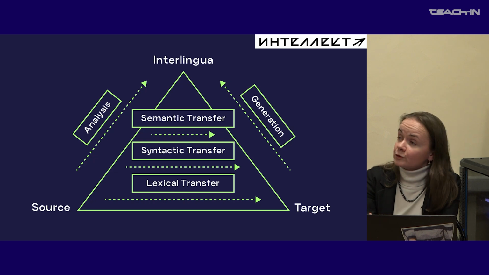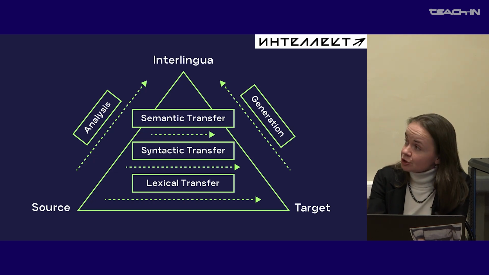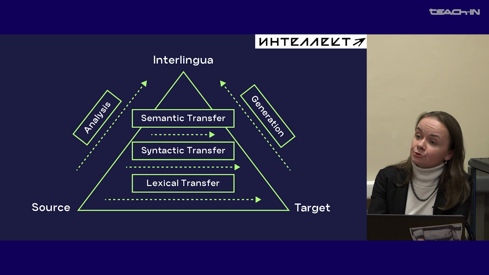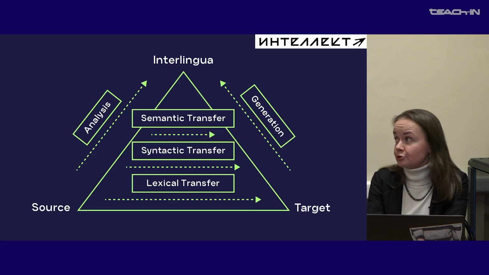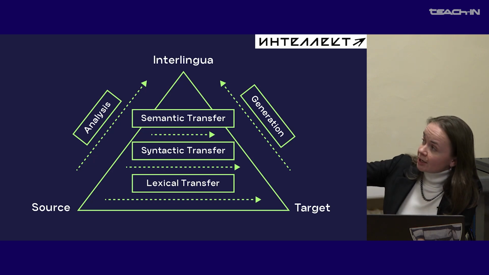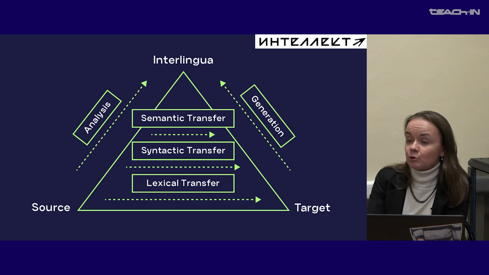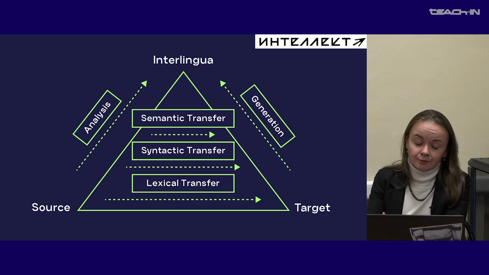In fact, all the techniques of machine translation, no matter whether rule-based, statistical, or neural, follow this triangle. It is called the Vauquois triangle, after the French scientist who proposed it.